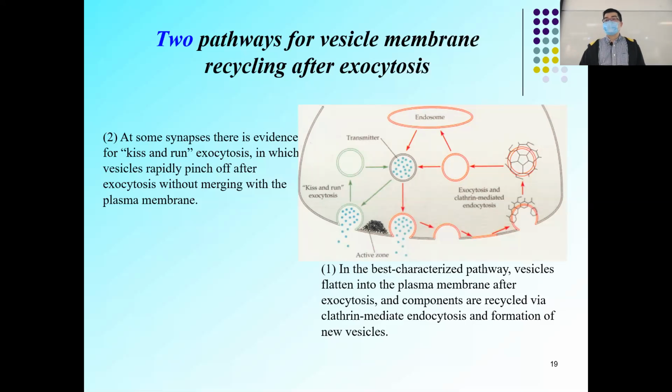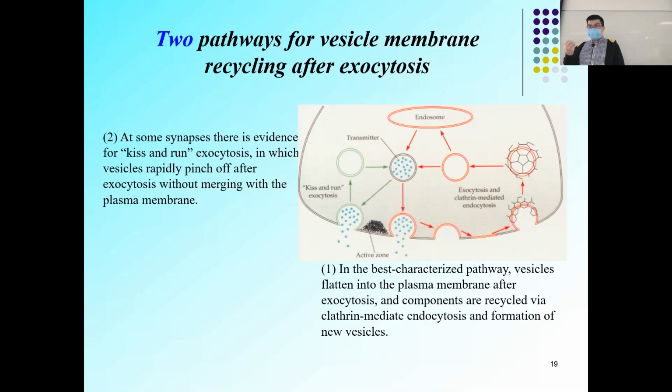Well, that is actually the only thing we have talked about so far. The endocytosis can take up some of the molecules and then go back to the endosome or go back to the neurons. Yeah, that actually is true.